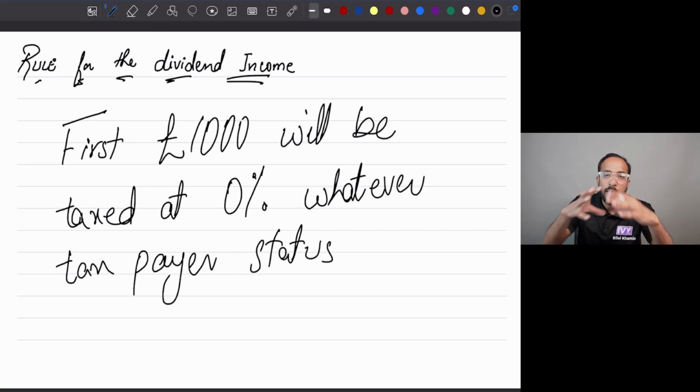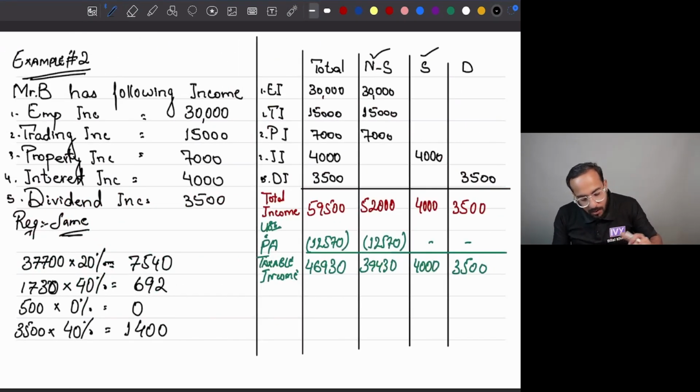It does not matter whether you are a basic rate taxpayer, a higher rate taxpayer, or an additional rate taxpayer. The first 1,000 will be taxed at 0%, right? Now I don't need to check his status because I know the first 1,000 pound will be taxed at 0%.